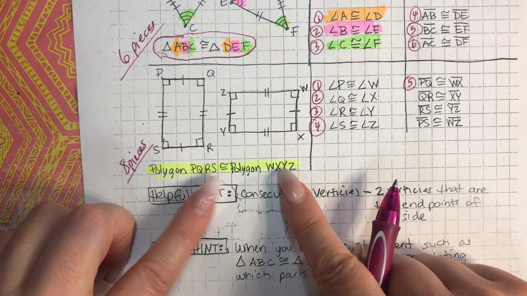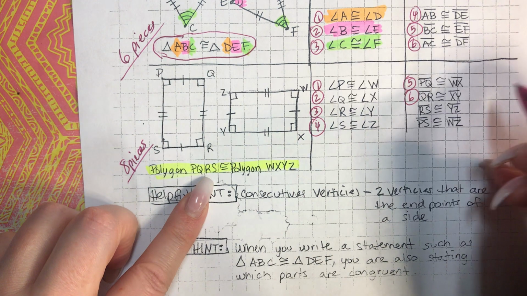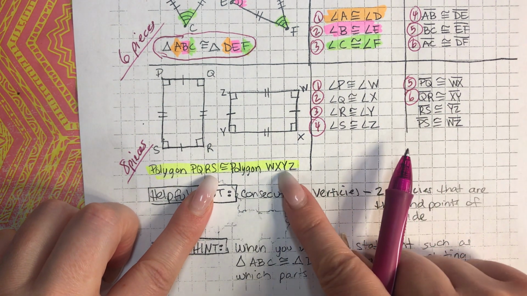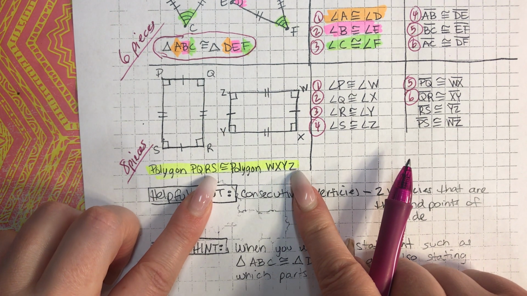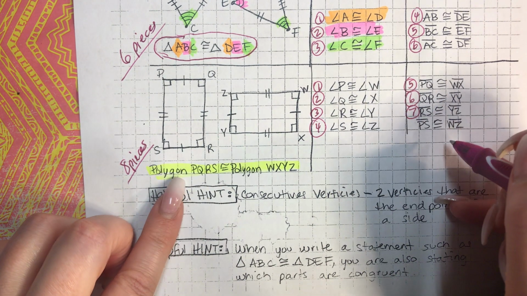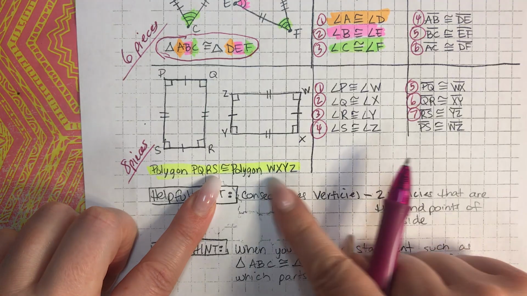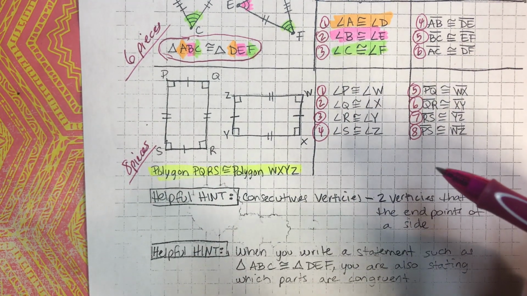So those are also corresponding segments. So that's that 6th piece of information. And then we can go to the third and fourth, which would be RS and YZ, right? That's the 7th. And then lastly would be the first and the last. So PS and WZ. That's that 8th piece of information for the quadrilateral.